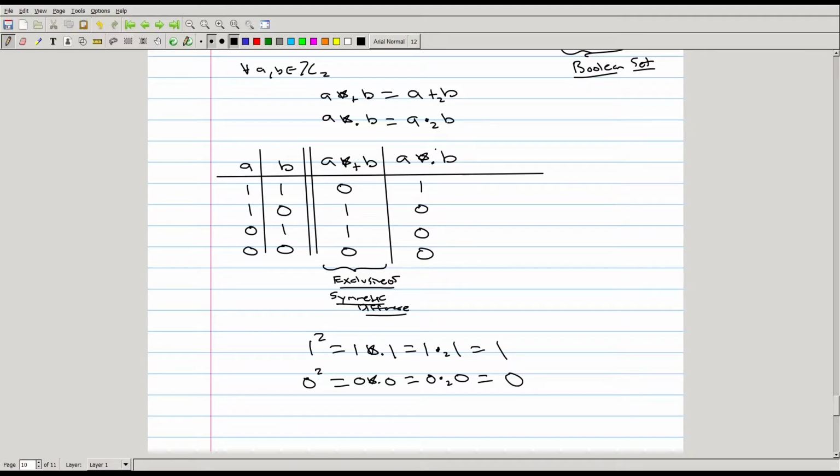And for the multiplication operation in this example of a Boolean ring, we're getting the AND operation, or in terms of sets, the intersection operation.